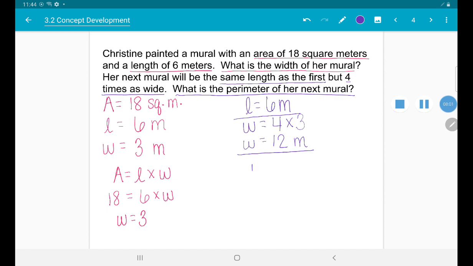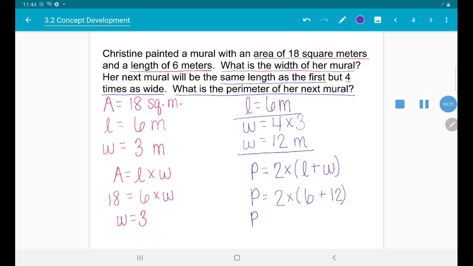So I'm going to do perimeter equals 2 times the length plus the width. The length is 6 meters. The width is 12 meters.